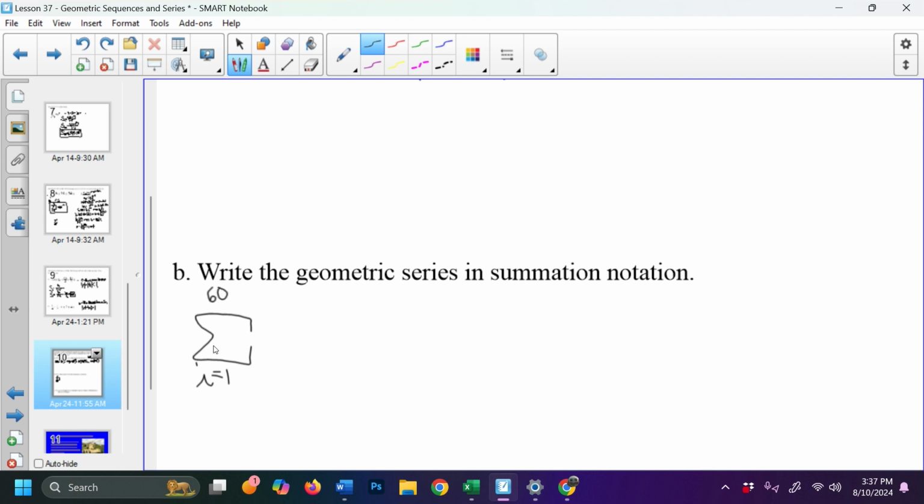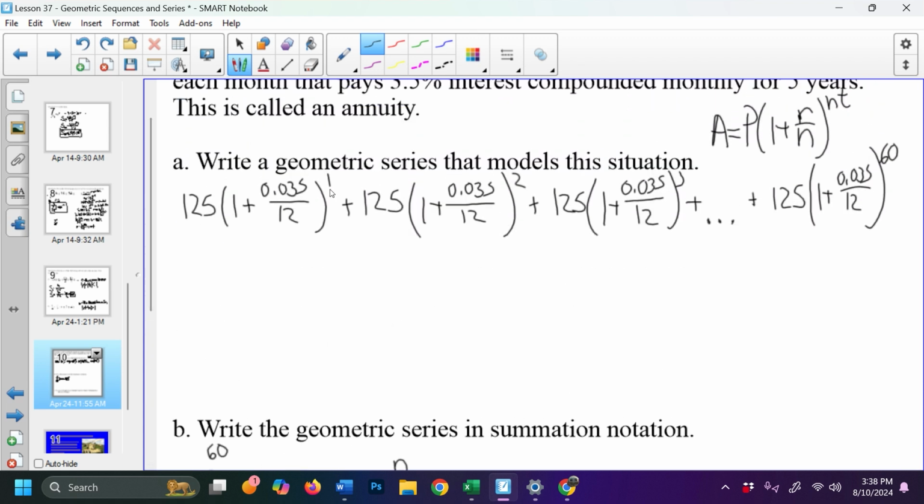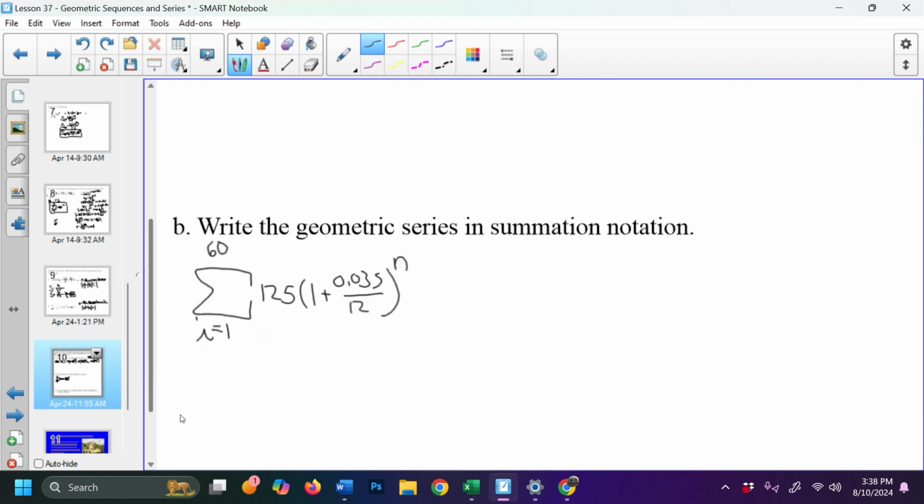And this one's going to be a little bit different than the last one because it will be the sum of 125 times 1 plus 0.035 all over 12, not to the i minus 1, just to the i, because we start with the first term here. And note, I wrote n, but I meant i. So there is our series in summation notation.